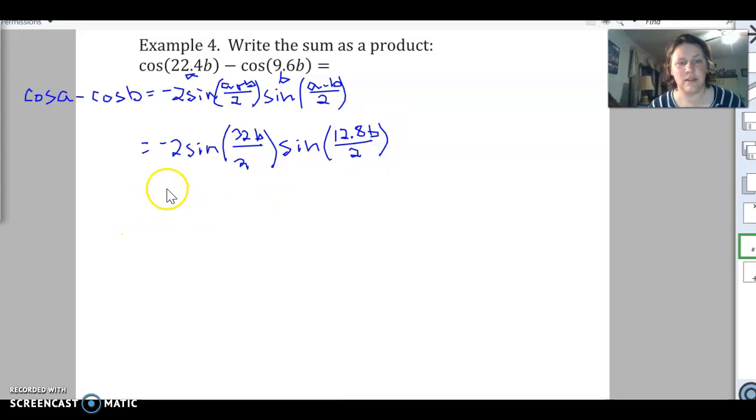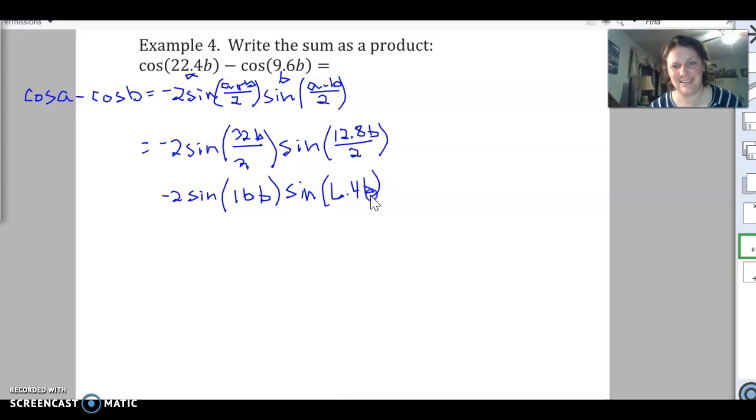And now simplifying that, we have negative 2 sine of 16b, and then sine of 6.4b. All right, and that's our answer for example number 4.